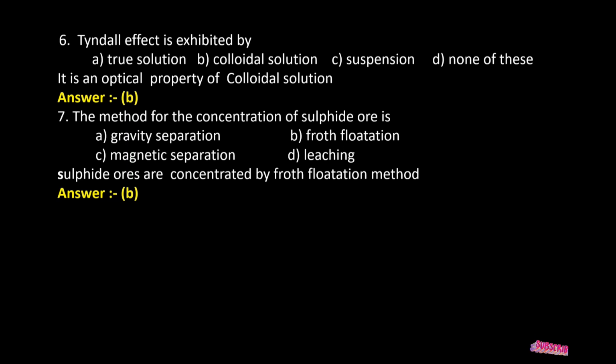Magnetic separation is employed when there is a difference in the magnetic property of the ore material and gangue material. And leaching is a method of washing the ore with a suitable solvent. Hence, the correct option is option B, where froth flotation is used for concentration of the sulfide ore.